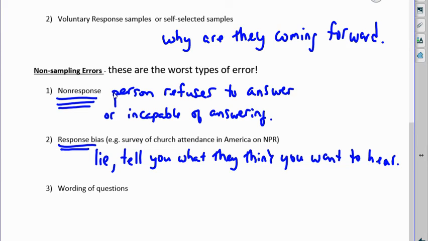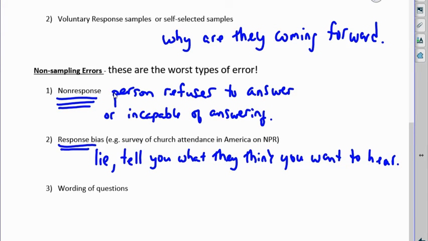This was really interesting because then they went to Europe and looked at people there, and their church attendance actually matched what their responses were. They didn't have the same response bias in Europe, because maybe in America, people felt like they needed to say they went to church, and that's why it overpredicted the church attendance.